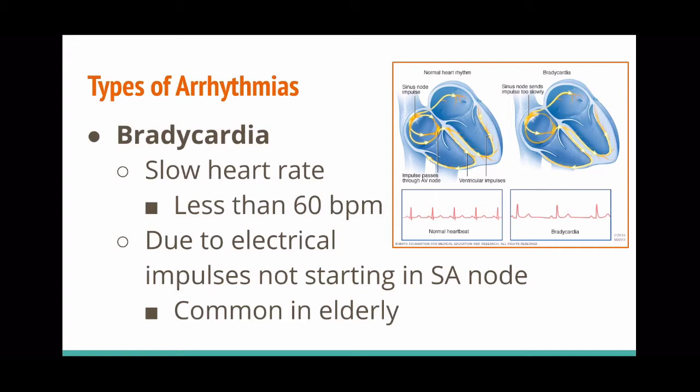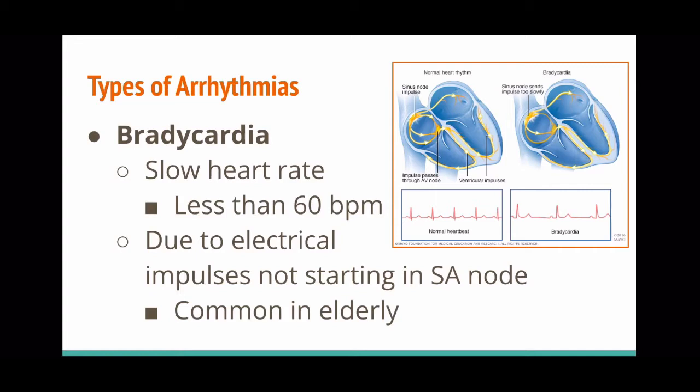Two common causes of bradycardia include a damaged SA node, usually due to some form of heart disease, just general aging, congenital defects, which is something that you're born with, obviously, or certain medications that you might be taking. And it can also be caused by some sort of issue with your central nervous system that does not signal your heart to pump regularly.